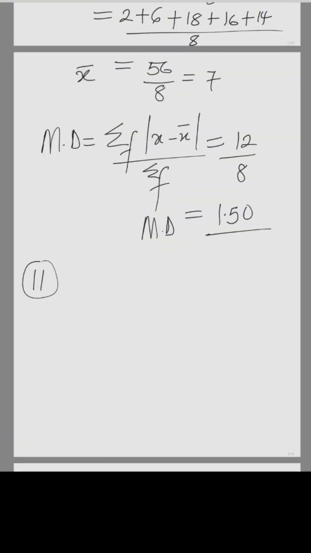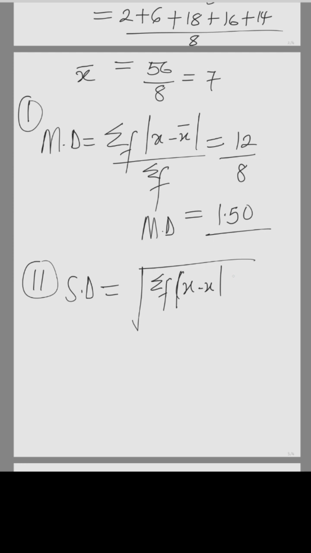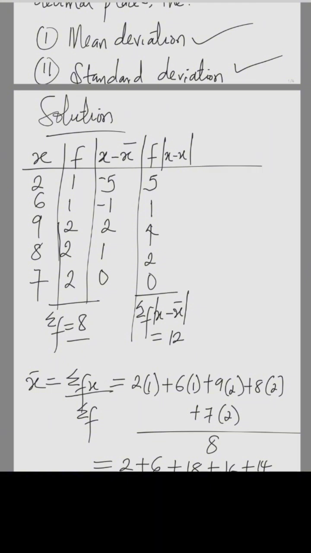The second question says we should find the standard deviation, and the formula for standard deviation is given as the square root of summation of f of absolute value of x minus x bar, squared, all over summation of f. So let's go to our table now to get the values for f of absolute value of x minus x bar squared.